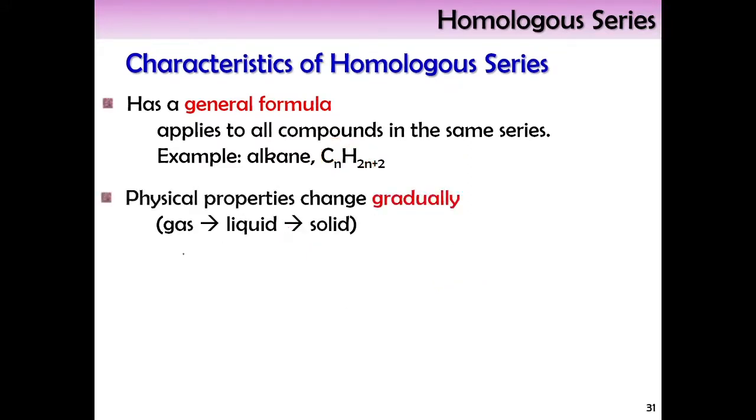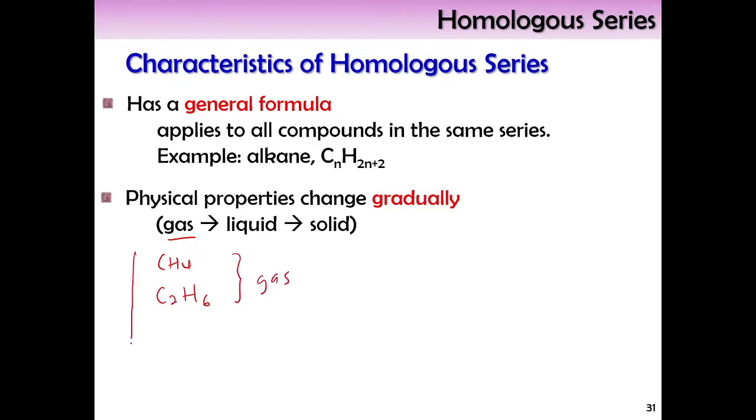Physical properties. The larger the molecule, the stronger the intermolecular forces. That's why when you go through the homologous series, with few carbon atoms, for example alkane CH4, it might be a gas, and C2H6 also might be a gas.